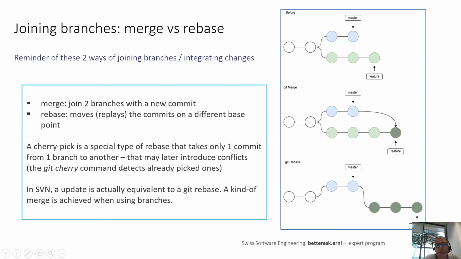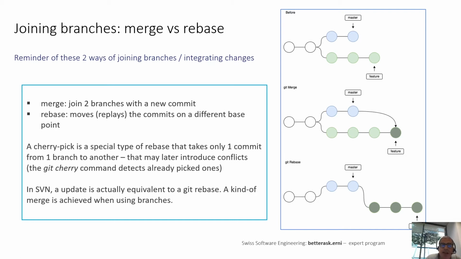You can use the cherry command without pick to detect your changes, okay? In Subversion, we don't have these little circles and changes. When you work in Subversion, you are also doing merges and rebases.